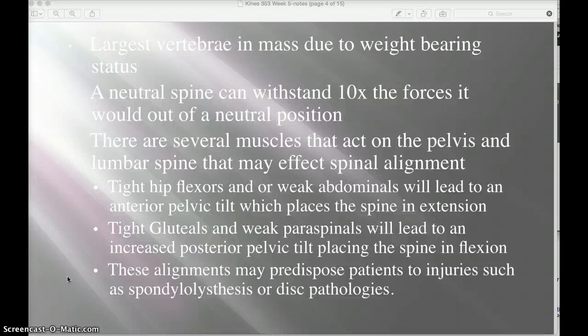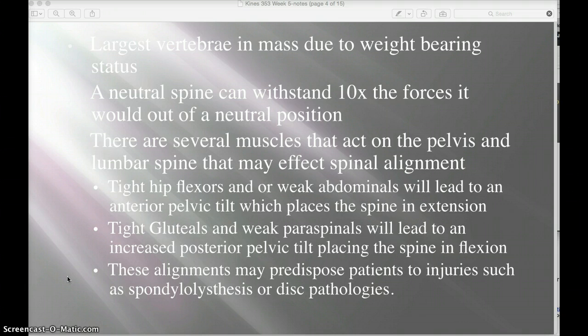I might have talked about this before, but anytime you have a pelvic tilt, so if your pelvis is rotated forward, it's going to create a more dramatic lordotic curve in the lumbar spine, so it'll look more like you're in extension.